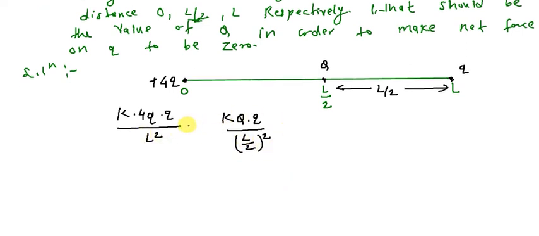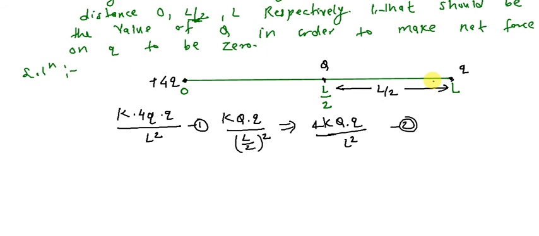Suppose this is equation 1, and this is equation 2, which gives k Q q divided by L square by 4, so the 4 in the denominator goes to the numerator.